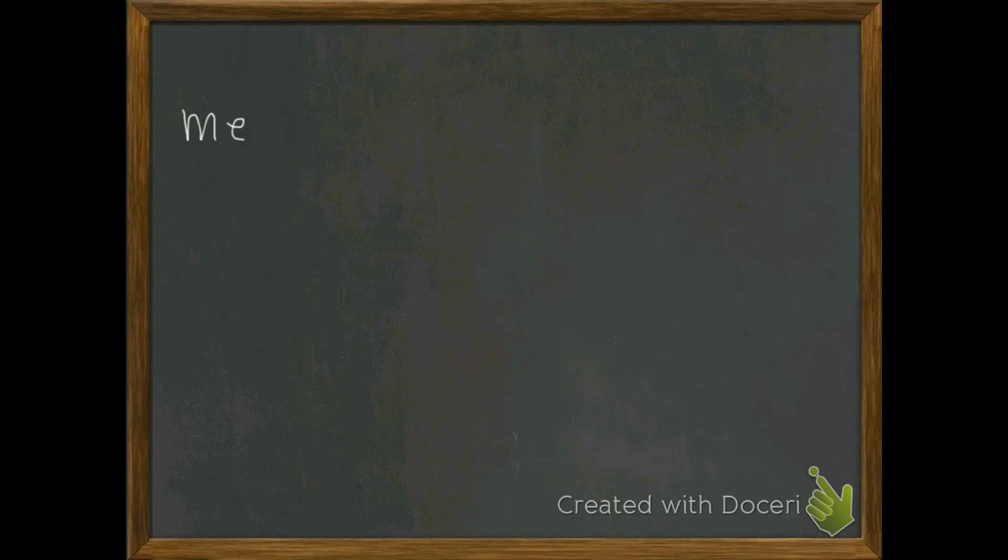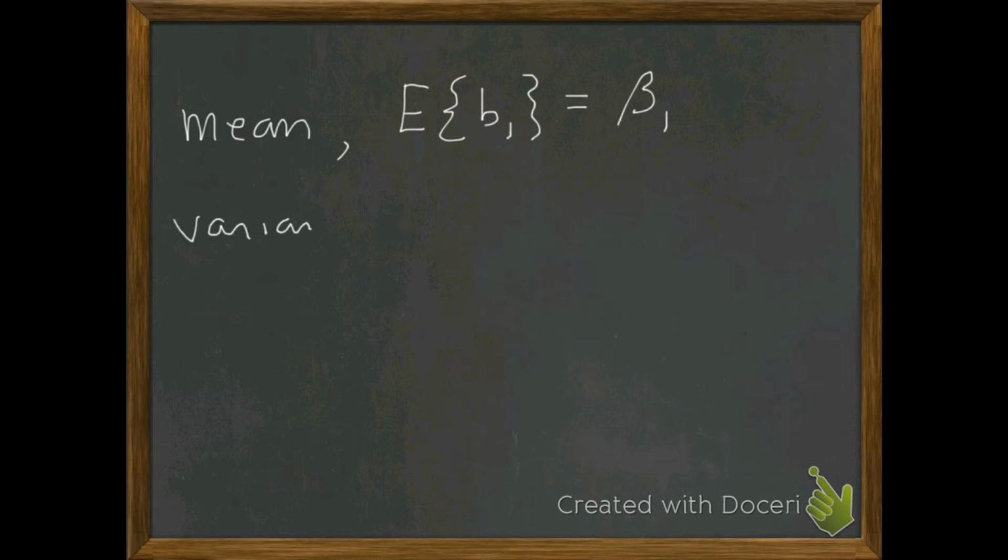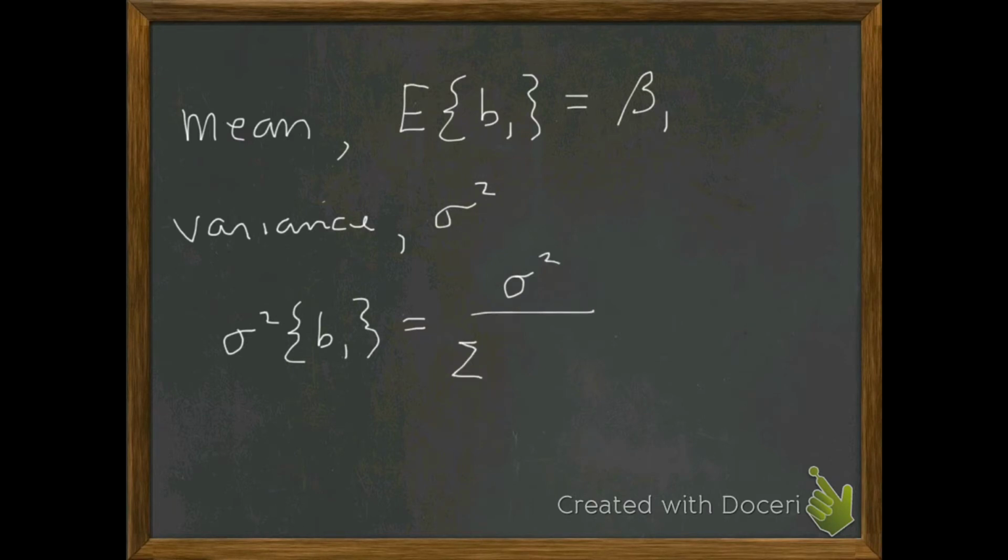In our mean, the expected value of B1 equals beta 1, so our mean will be beta 1. And the variance of the normal distribution for B1 is going to be equal to this.